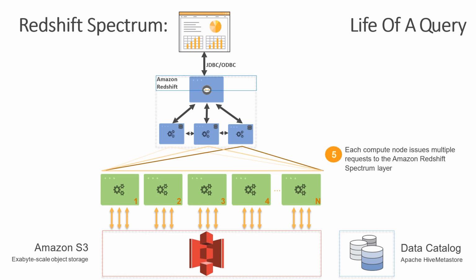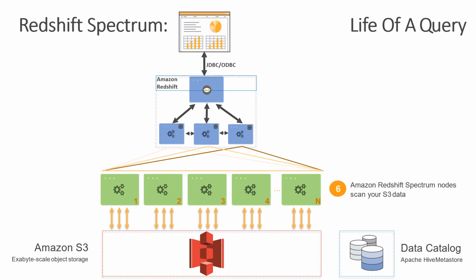In step 5, each compute node issues multiple requests to the Amazon Redshift Spectrum layer. In step 6, Amazon Redshift Spectrum nodes scan your S3 data. There are various best practices such as storing your data in columnar format, which will speed up these queries.